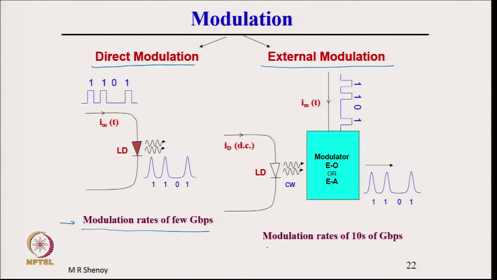Of course, when the speed becomes tens of gigabits or hundreds of gigabits per second, then one has to necessarily use external modulation technique, where you use electro-optic or electro-absorption modulators to modulate the input signal as per the signal to be transmitted. This is the modulating signal which has to be transmitted in terms of pulses. So, direct modulation refers to this, and only diode laser can be modulated at that speed.